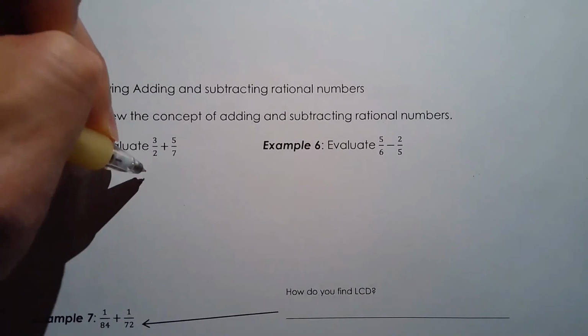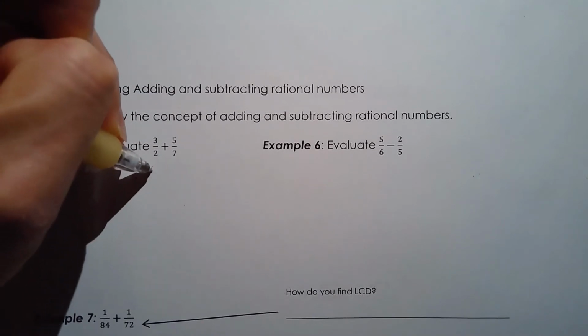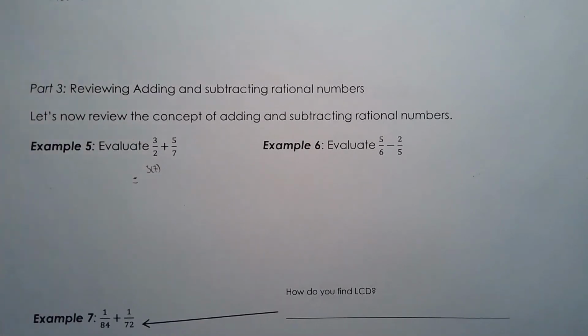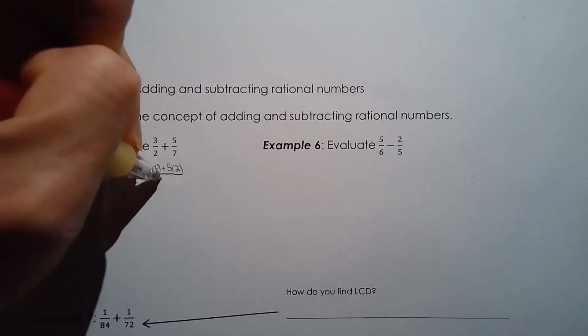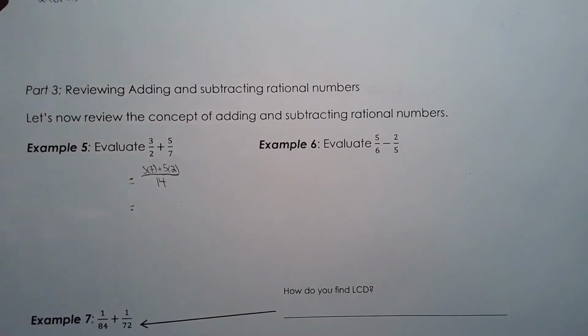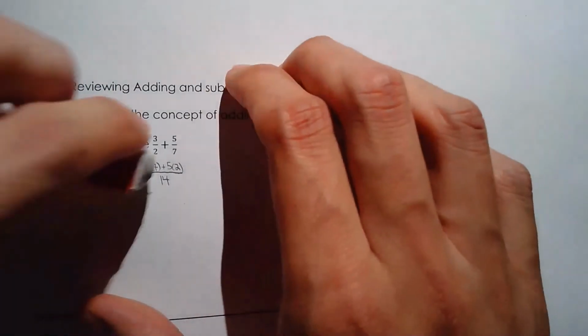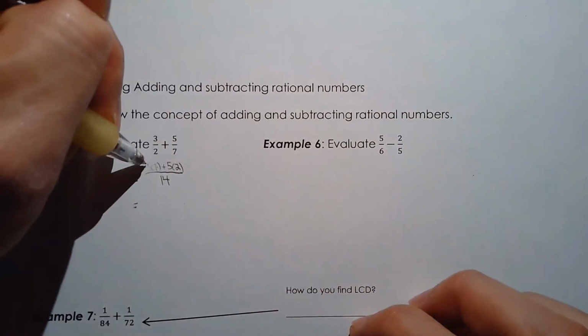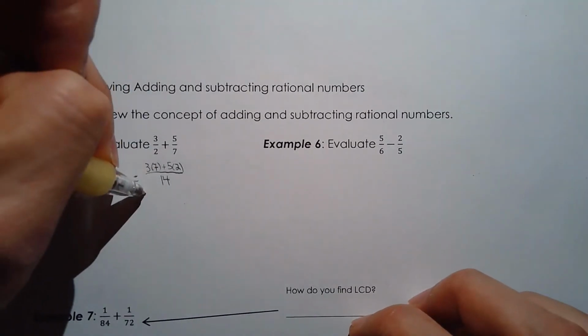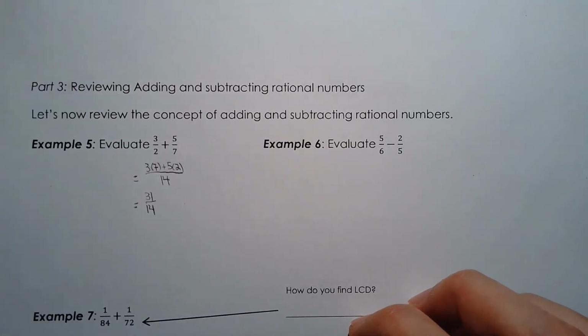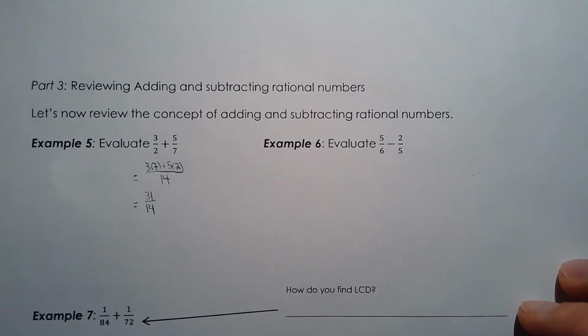So this would be 3 times 7 plus 5 times 2, all over 14. That's 21 plus 10, which is 31. And there you go, 31 over 14.